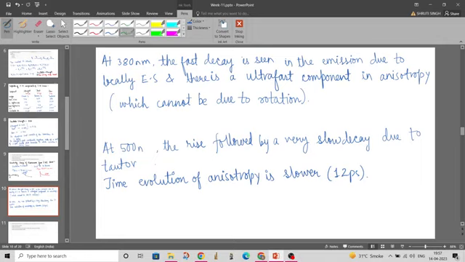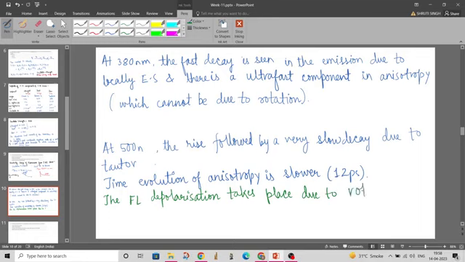The depolarization takes place due to rotation mainly. Rotation cannot take place in the ultrafast time scale.